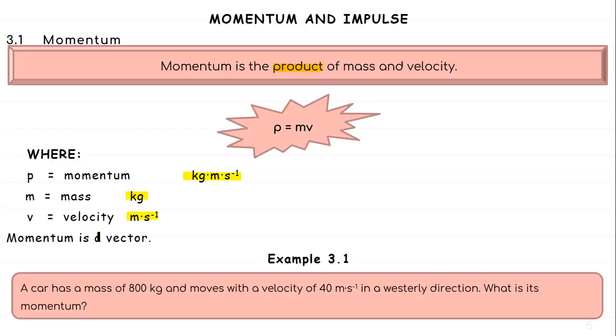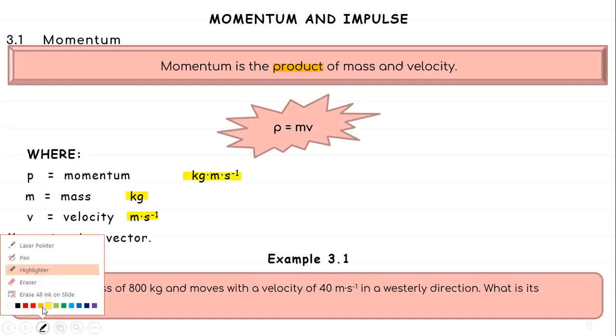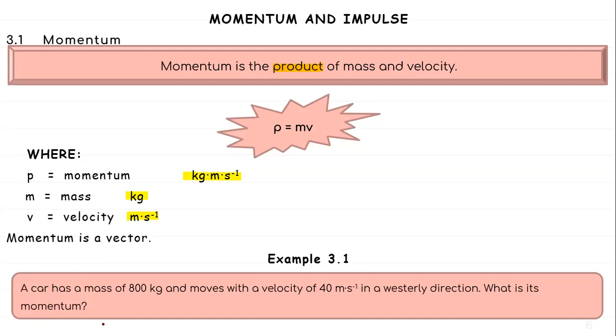Right. So in our topic 3 now, I want us to look at an example. Here we have a car, and this car has a mass of 800 kilograms, and it moves with a velocity of 40 meters per second in a westerly direction.